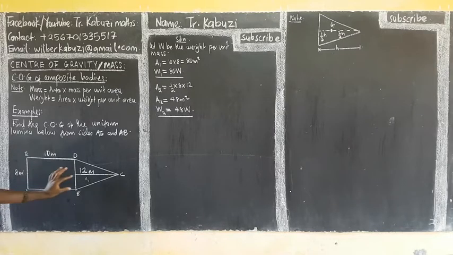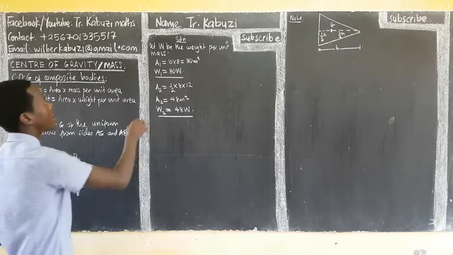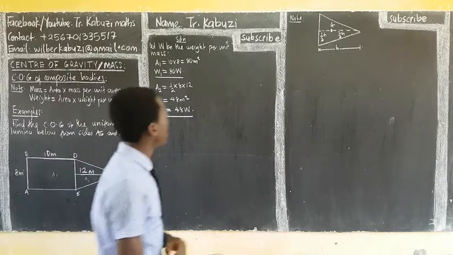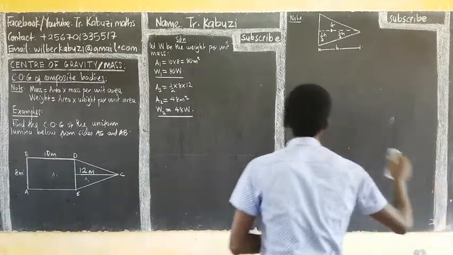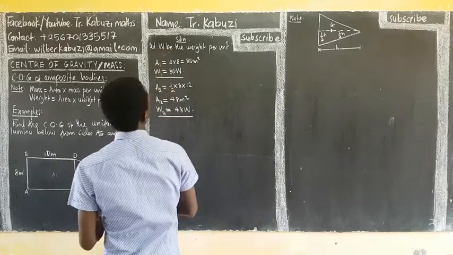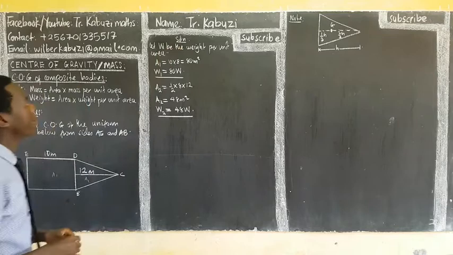After getting that, our interest is in getting the total. Now, if I get the area of this and the area of this, and I get their weight per unit area, not per unit mass, weight per unit area, as simple as that.